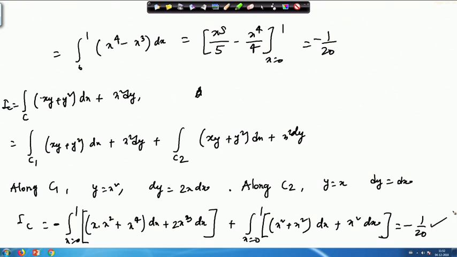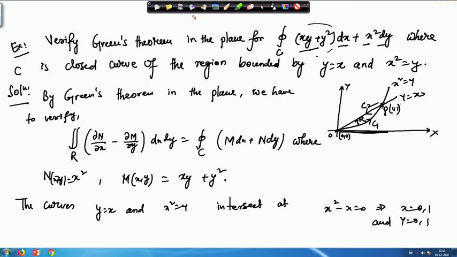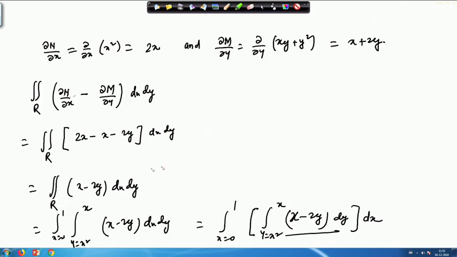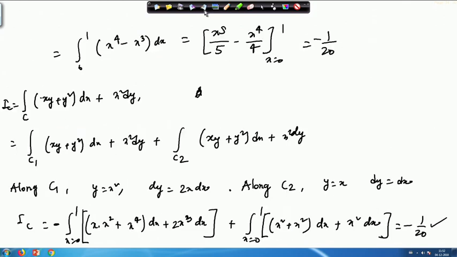So, you see, this is how we verify the Green's theorem. It will be slightly lengthy, because with Green's theorem, Stokes theorem or Gauss theorem, if you want to verify, you have to check both sides of the identity. Here we had to guess what our m and n are, calculate del n del x minus del m del y, and then substitute here and simplify the surface integral.